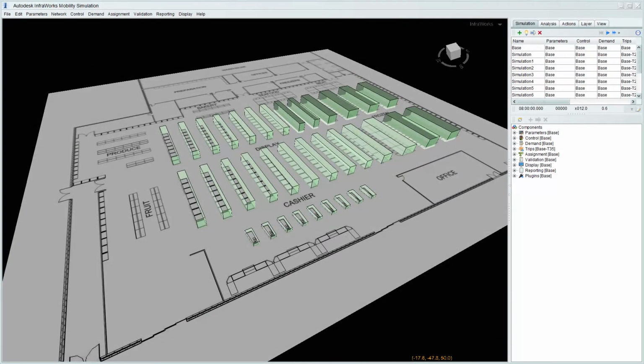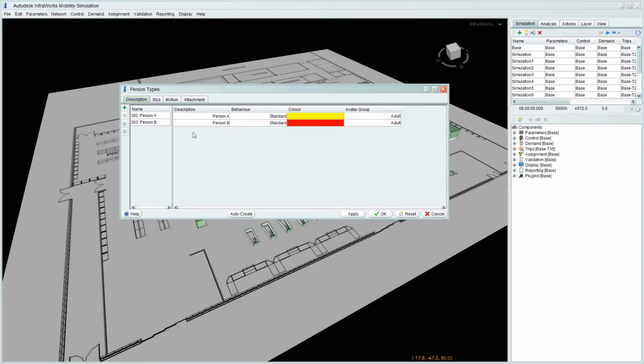Okay, so we're in mobility simulation now. We can see we have the floor plan, and I've put some zones in here just to simulate the display cases and the cashiers. Let's have a quick look at the people themselves. We've basically set up two different types of people. We've colored them differently, and if we go to motion, we'll see that I've changed the speed just to simulate different people moving around at different speeds, generally speaking.